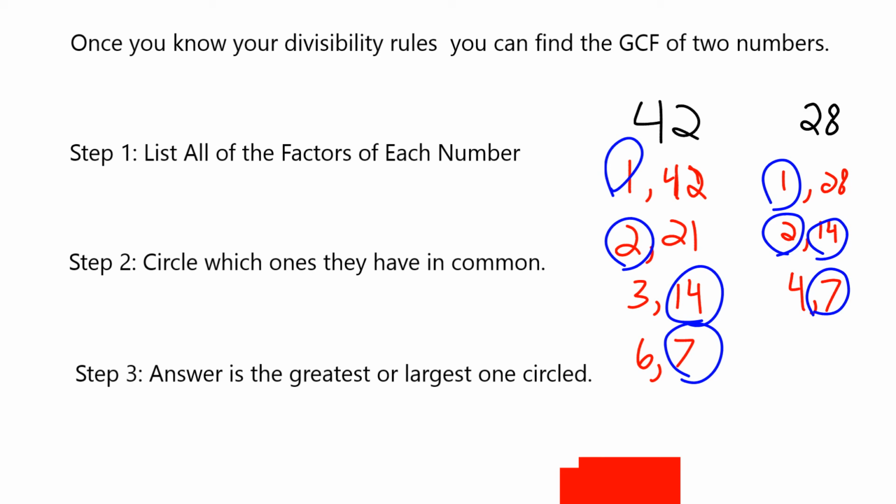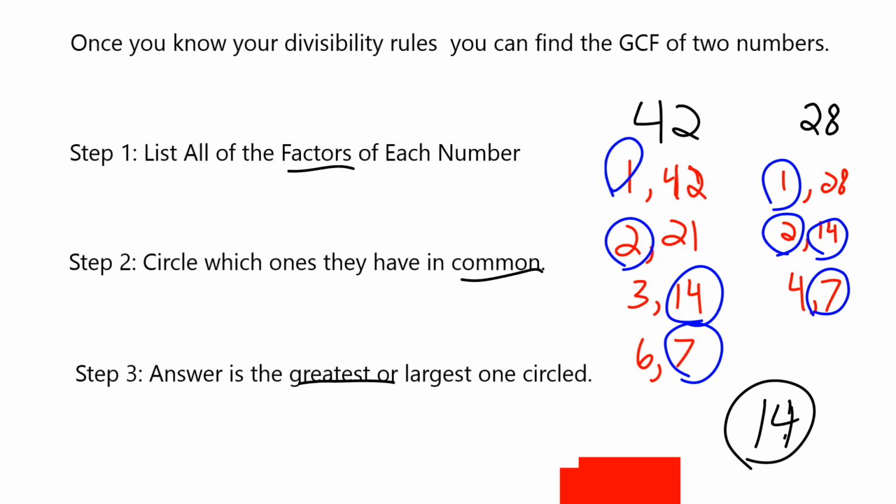This leads us to the last item. The answer, or the GCF, is simply going to be the largest of those numbers that you circled. In this case, the GCF is 14. It is the greatest common factor.